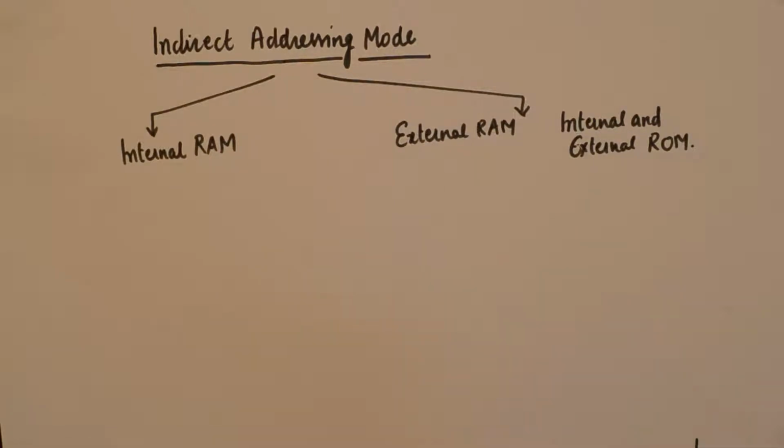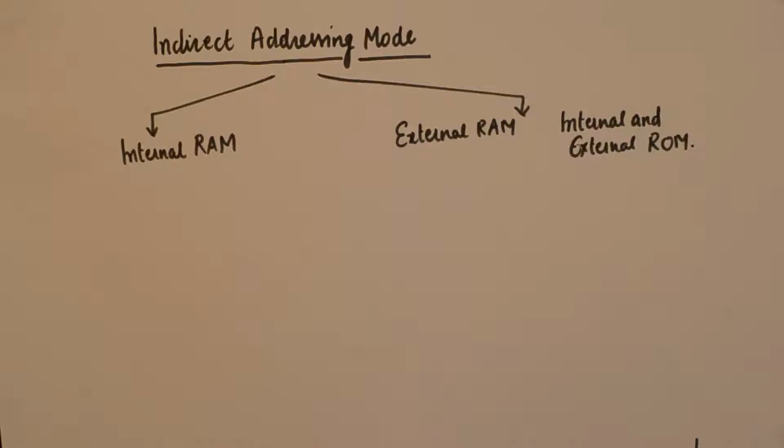Now, this tutorial focuses on indirect addressing mode. Indirect addressing mode can be used to transfer data from internal RAM to accumulator, and it can also be used to transfer data from external RAM or internal or external ROM to accumulator.